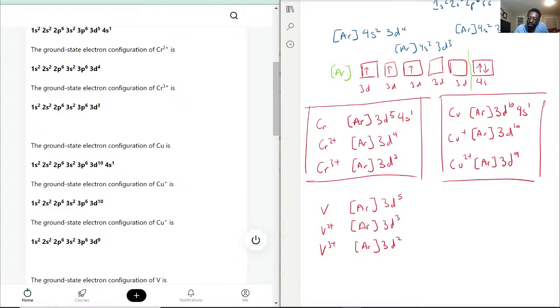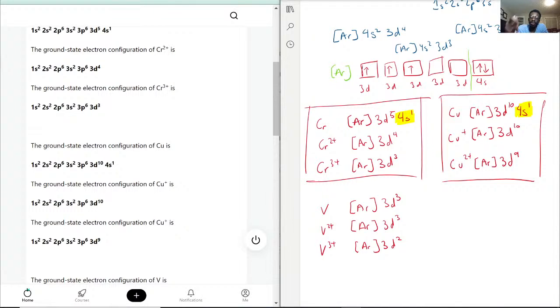Interesting. So 3D. I guess the rule is based on, as you see here, when there's only one difference, because it still doesn't want to completely lose its fourth orbital just yet. If I remember correctly, it wants to be able to fill each subshell group with at least one electron.